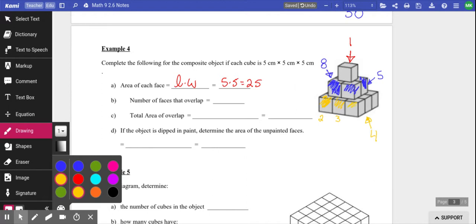This one would have 2. This one would have 3. The back corner would have 2. And then we have a whole bunch of blocks we can't see, right? We got 4 blocks that are not in the picture.